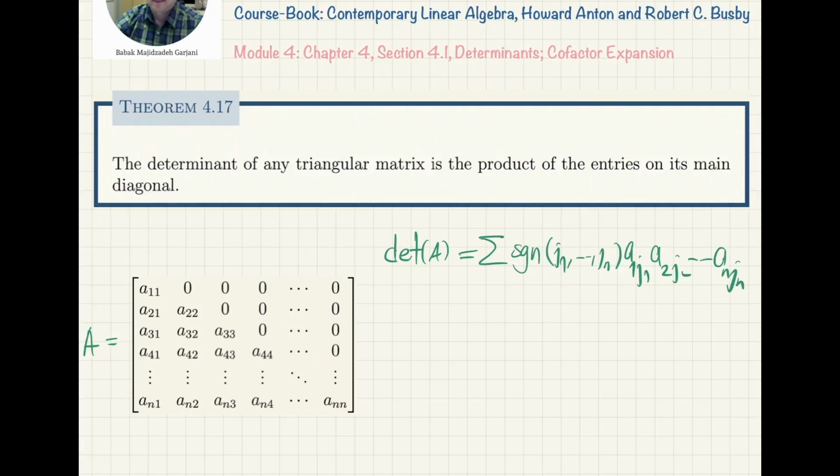But most of these elementary products, probably you expect they become zero, because I have a lot of zero entries. But let us see how many of them actually survive. They have the chance not to vanish.